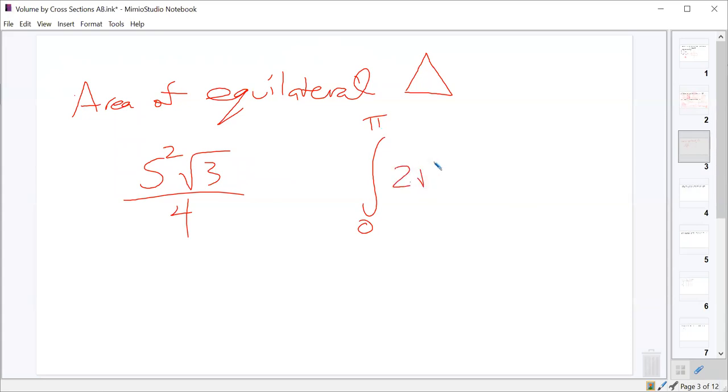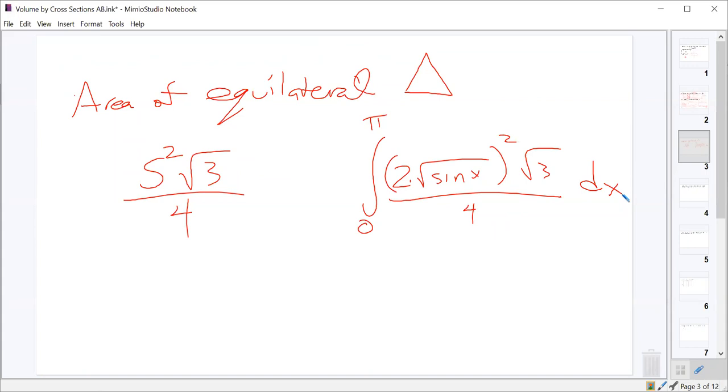So 2 root sine x squared times root 3 divided by 4 dx. So all of this first part before the dx is just the formula to represent the area. That's side squared root 3 divided by 4. The dx is the thickness of each of those equilateral triangles, so that when we multiply the area of the triangle by the thickness, that gives us a tiny little volume. And then we integrate, we sum together all those volumes from 0 to pi.